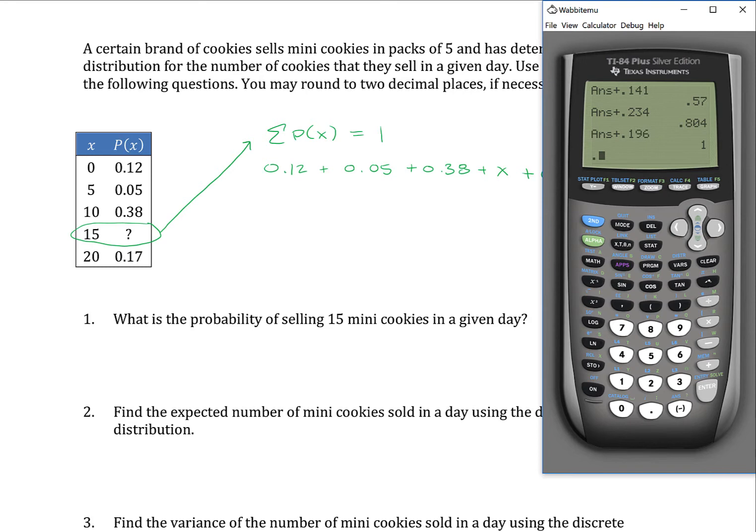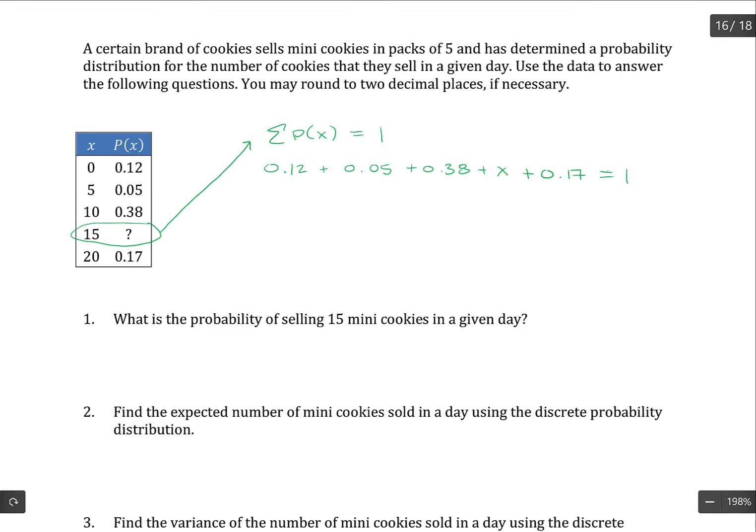So far, we can add some of the numbers together: 0.12 plus 0.05 plus 0.38 plus 0.17. That gives me a sum of 0.72 so far. So 0.72 plus the missing value is equal to 1.